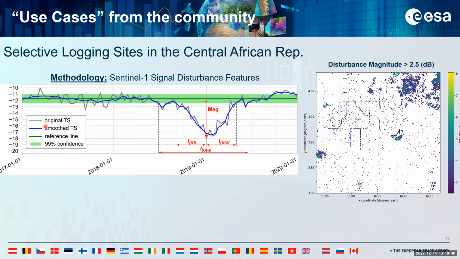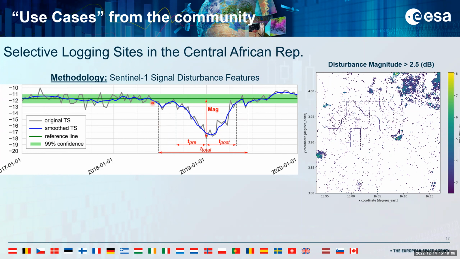But here, basically, what has been proven on the Living Planet Symposium user consultation is that you can use a user-defined function and implement this into OpenEO, and you can analyze based on Sentinel-1 signal disturbance features selective logging sites from the Central African Republic.